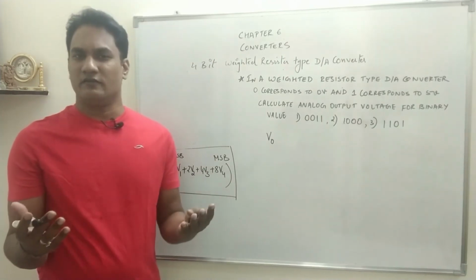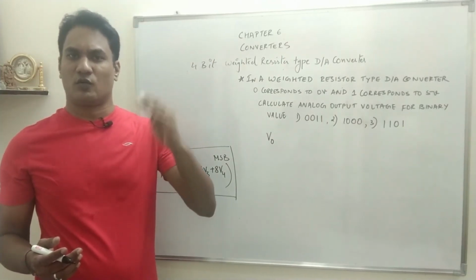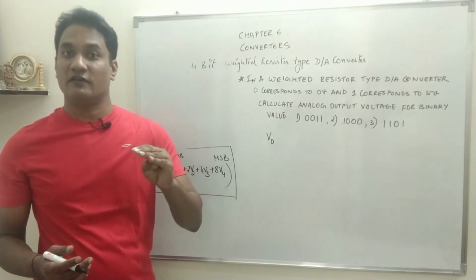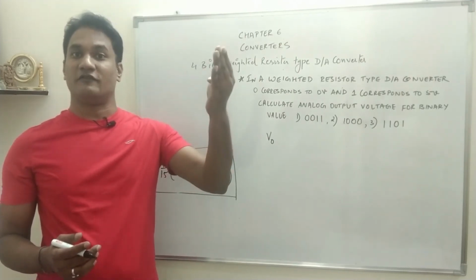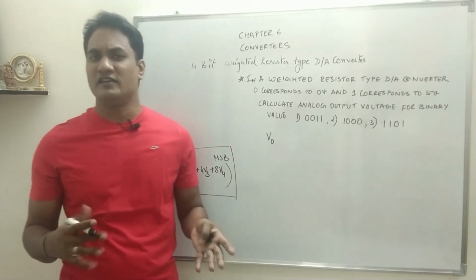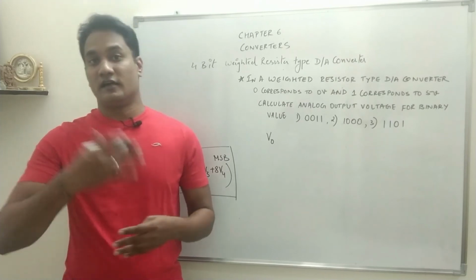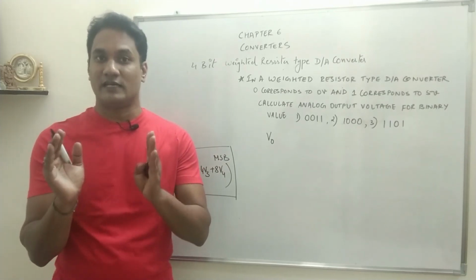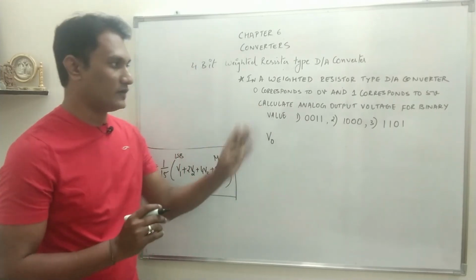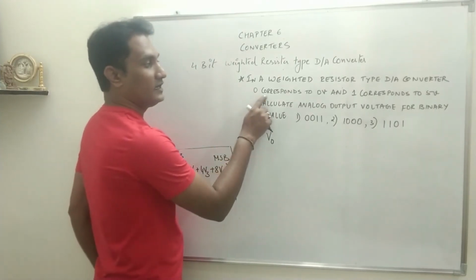So that can be any voltage. 0 can be 0 volt, 1 can be 5 volt, 1 can be plus 5 volt, 0 can be minus 5 volt, 0 can be 0 volt, 1 can be 15 volt, 1 can be 10 volt, 0 can be 0 volt. Such various combinations can be used in logic circuits, but the standard value is for 0, 0 volt, for 1, 5 volts. This is what we have mentioned in the problem.